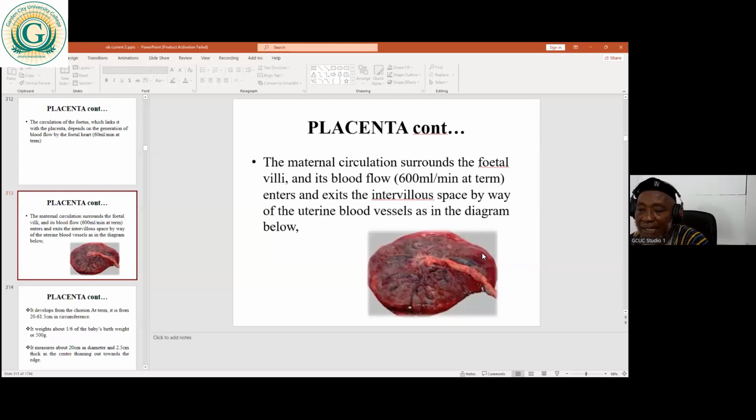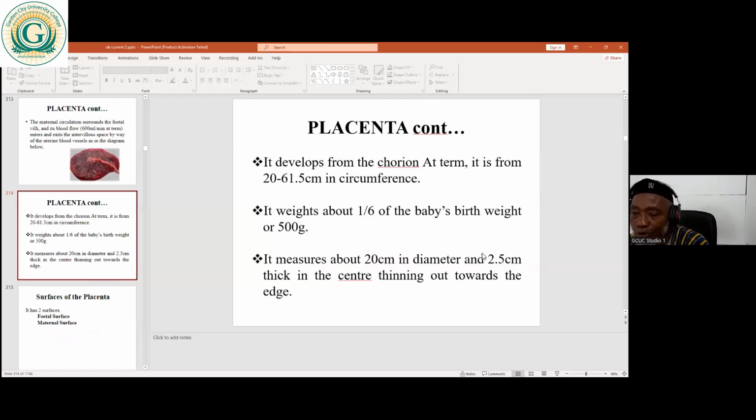Now, the placenta develops from the chorion. Its circumference is from 20 to 61.5 centimeters. Anytime the baby is born, the placenta is born, you have to do this measurement, and there's a chart for that. You weigh the placenta, which should weigh about 500 grams, and the diameter of the placenta is 20 centimeters, 2.5 centimeters thick in the center, tapering out.